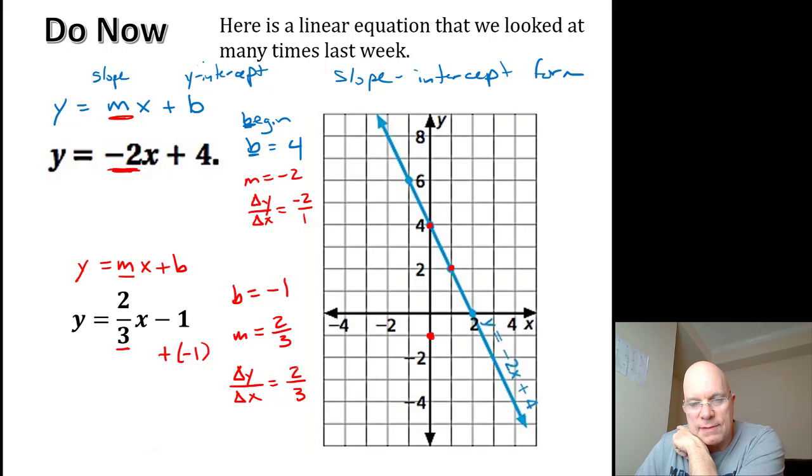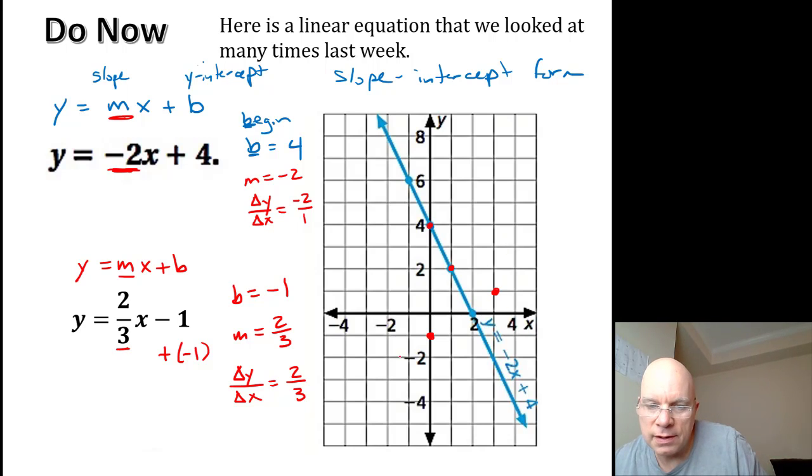Delta y is positive 2, so from this point I move up 2. And then delta x is positive 3, so I move right 1, 2, 3. And I have the second point on my line. And the line would go like this.